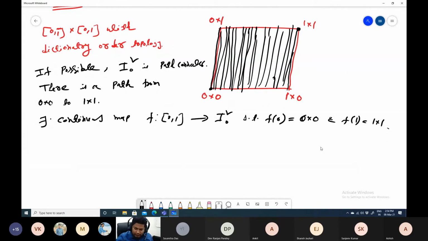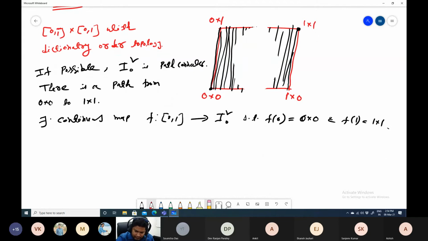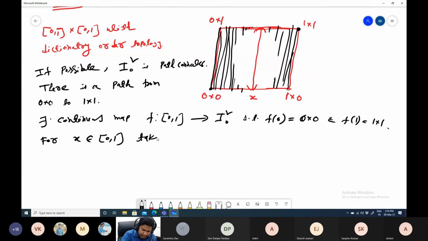Okay, now what we'll do: for a particular x, we choose this path, this segment. So for x belonging to [0,1], take the singleton {x} cross the open interval (0,1).